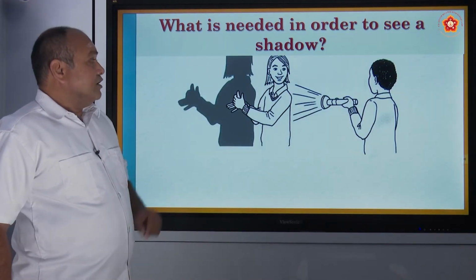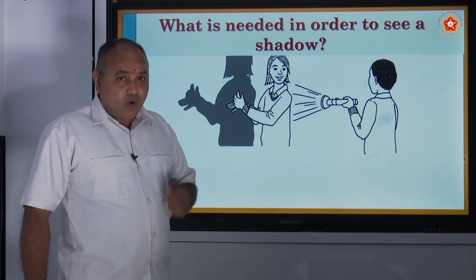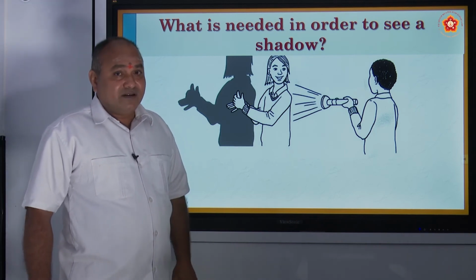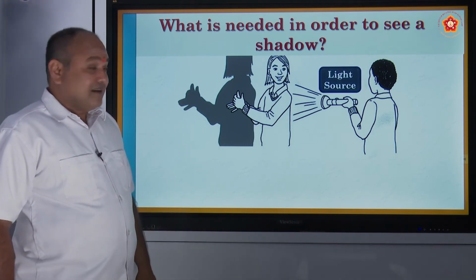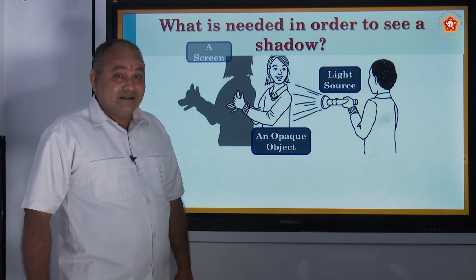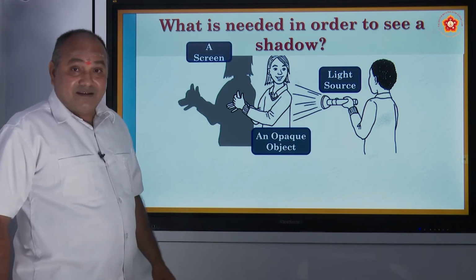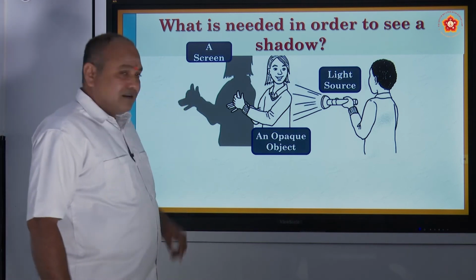What is needed in order to see a shadow? We have done an activity. In that, what did we conclude? We need a light source, we need an opaque object and the screen. So here, children, can you tell me what is the screen?